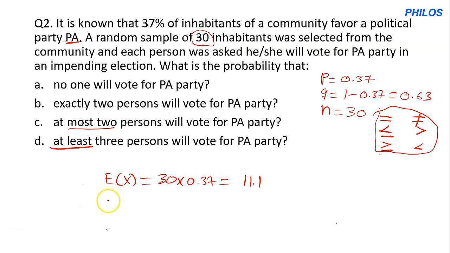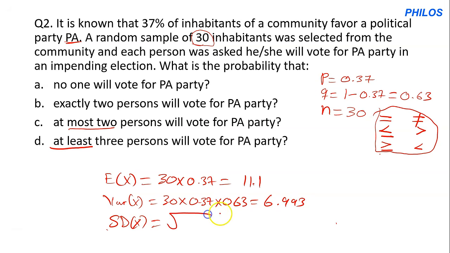Okay, and then the variance will be n times p, which is 0.37, times q, which is 0.63. So when you multiply it, you get 6.993. And then the standard deviation will be the square root of the variance, which is 6.993. Okay, so you get 2.644. So that's the answer to this.